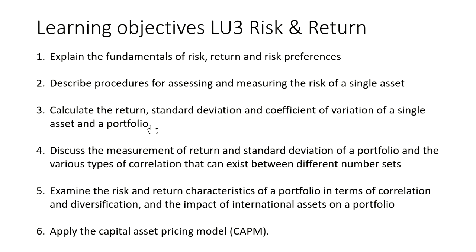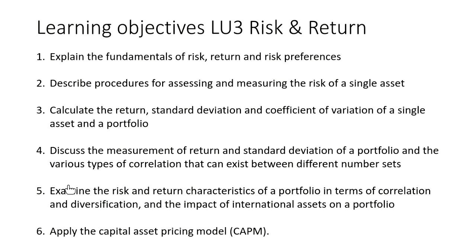So for LU3, here's our learning objectives, just to go through. So risk, the fundamentals of risk return and risk preferences, the procedures for assessing and measuring the risk of a single asset, and then also the standard deviation and coefficient of variation of a single asset, and then also the same thing for a portfolio.